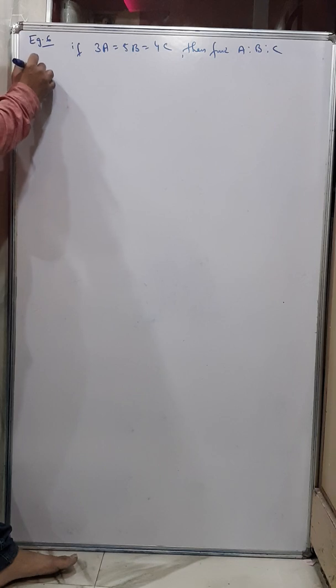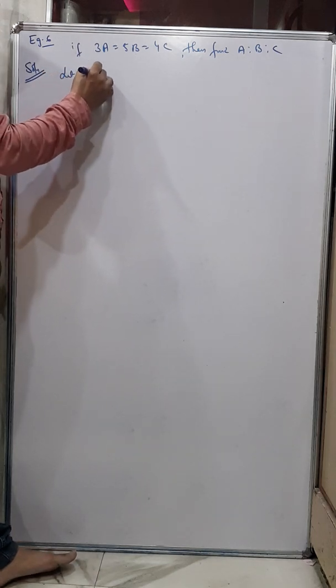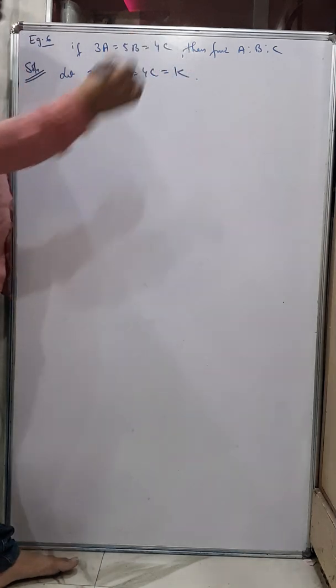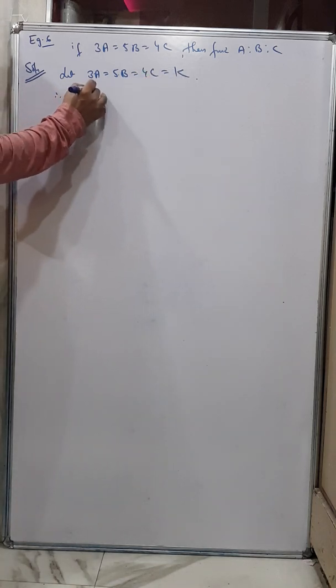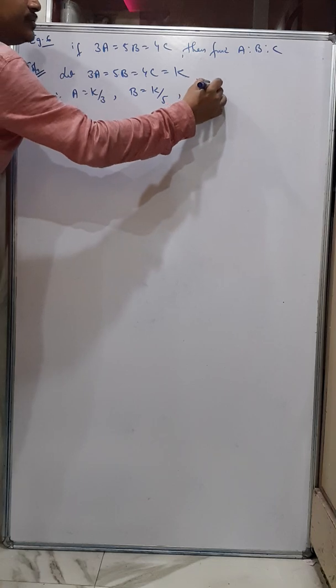Now for this, what we can do, we know that these three are equal, so we can start like this: let 3a is equal to 5b is equal to 4c is equal to something, say k, and therefore finally I can say that 3a equals k, 5b equals k, and 4c equals k, and therefore we can say that a is equal to k by 3, b is equal to k by 5, and c is equal to k by 4, right?